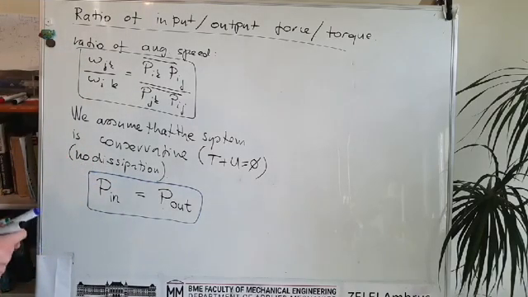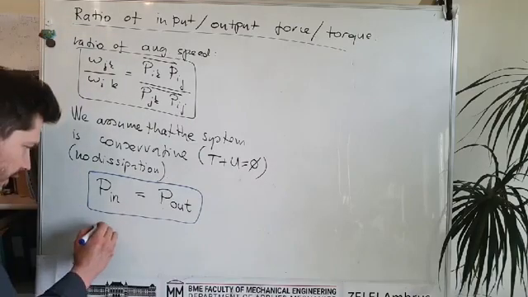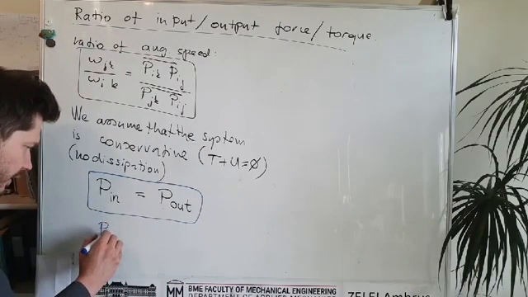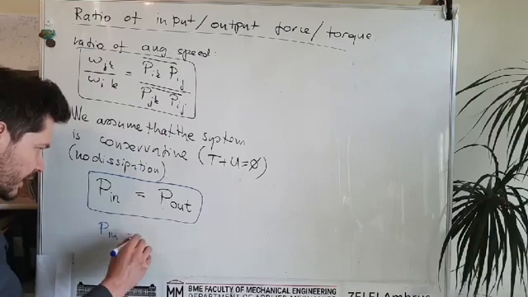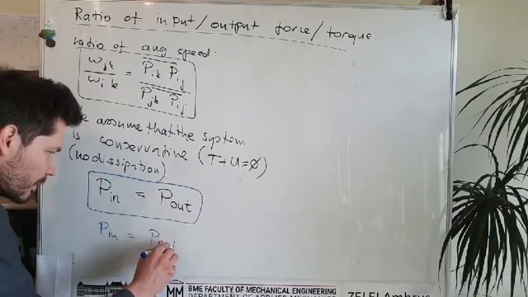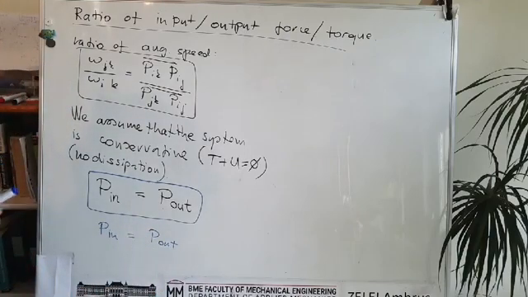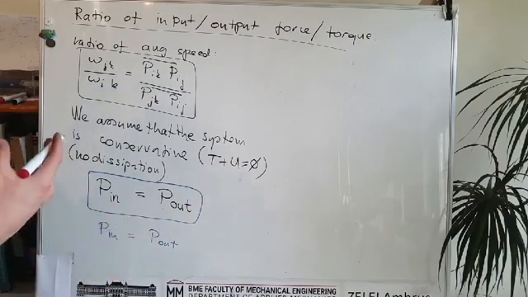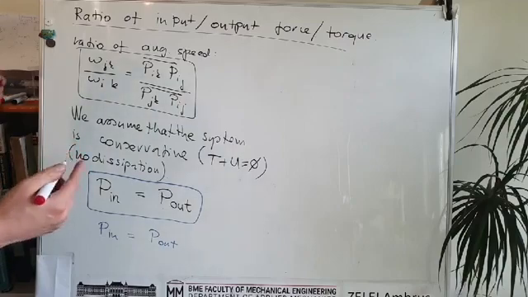And I think in some other applications you say that the input power is equal to the output power, but there is some eta somewhere, which is the coefficient of efficiency basically.